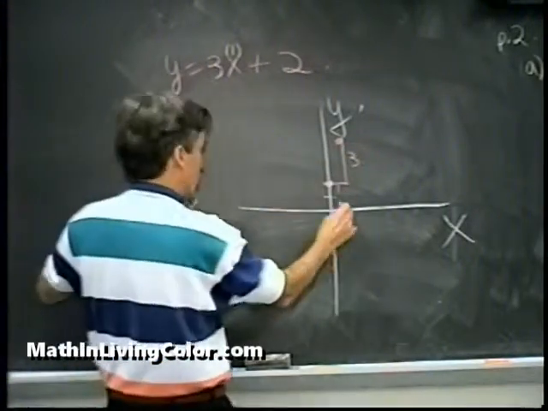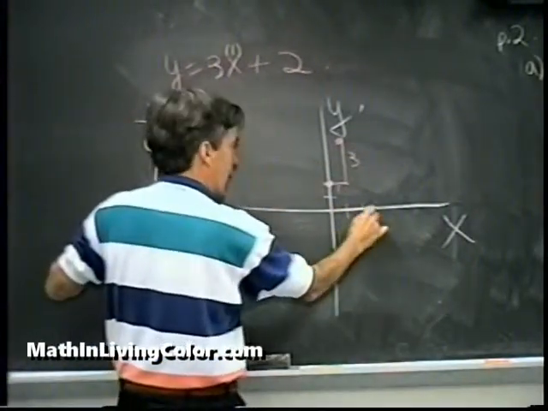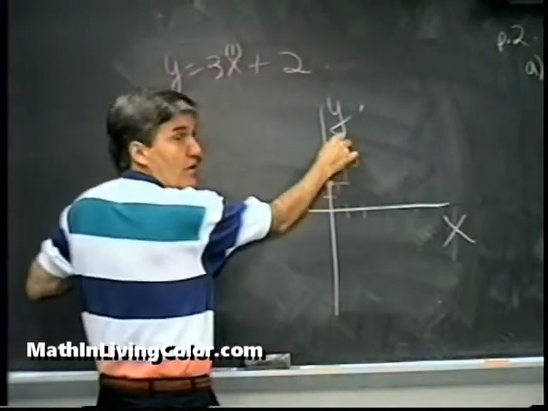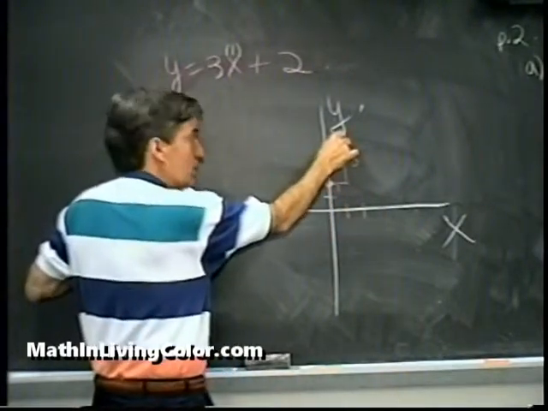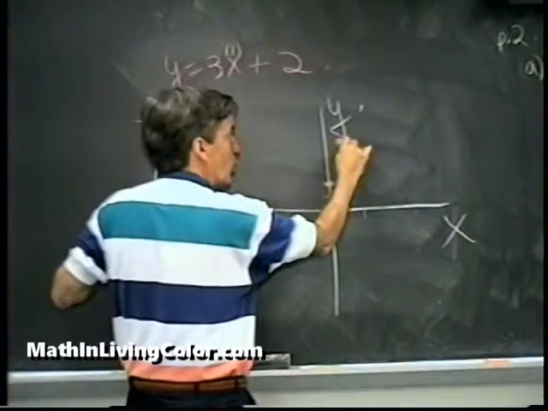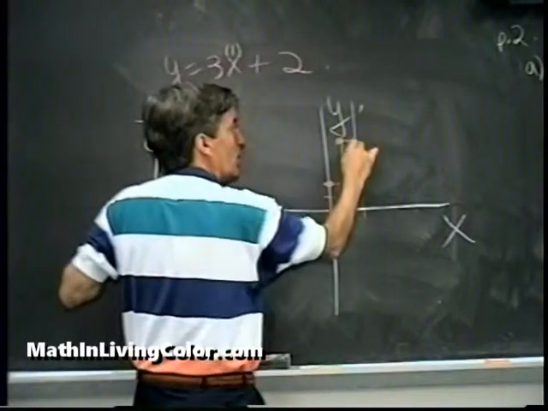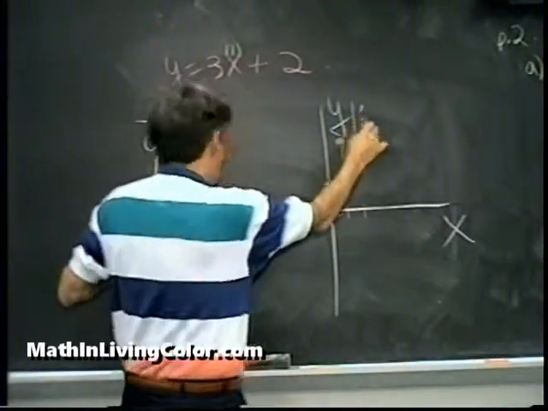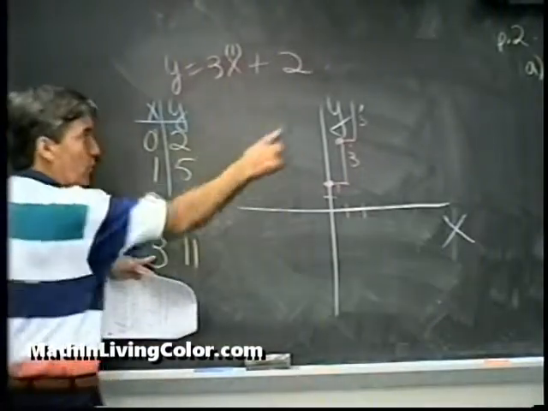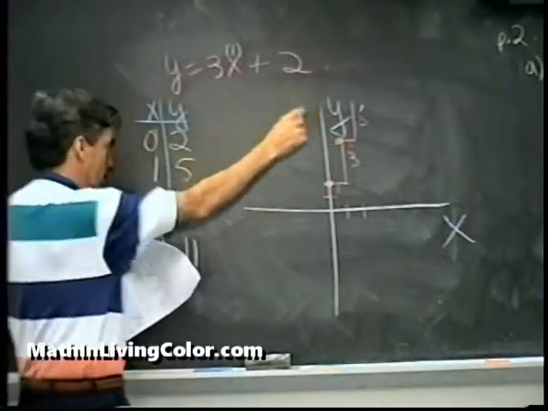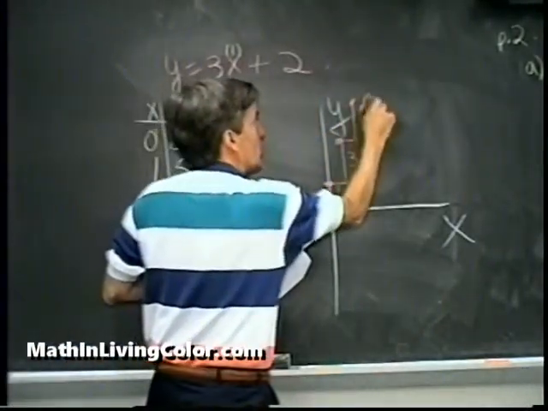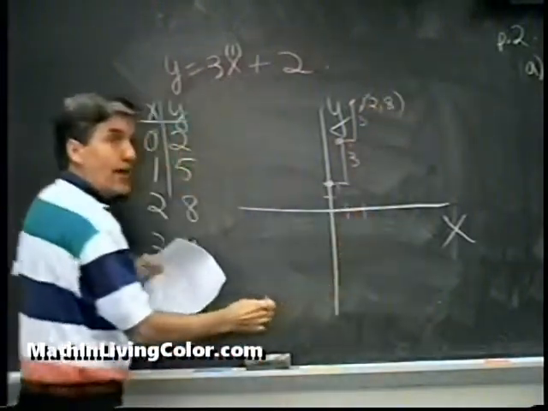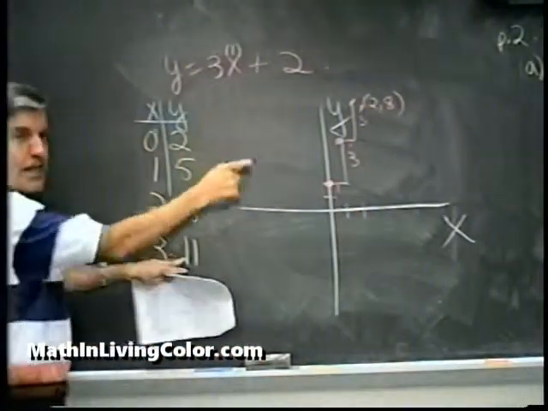Now when I go to the next point, it's going to be (2, 8). Now I'm already up how far? 5. So if I want to go up to 8, I go over 1 and up how many more? 3. And if I want to go from the point (2, 8) to (3, 11), what do I do?